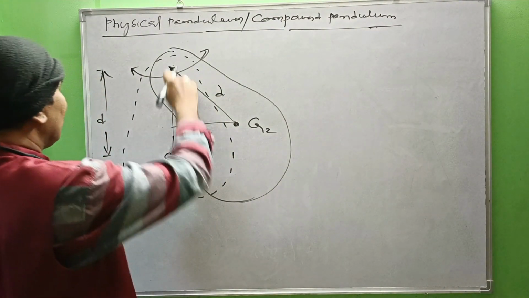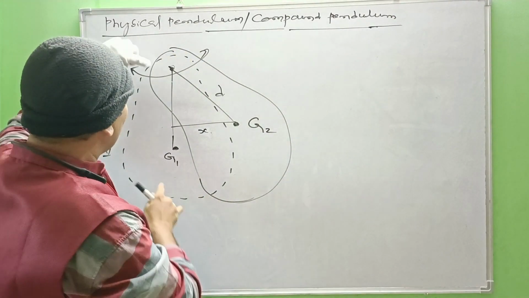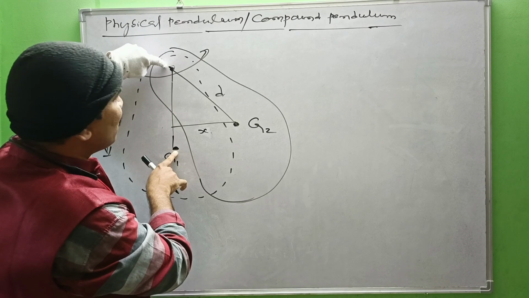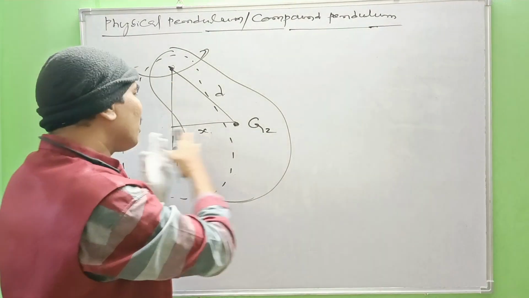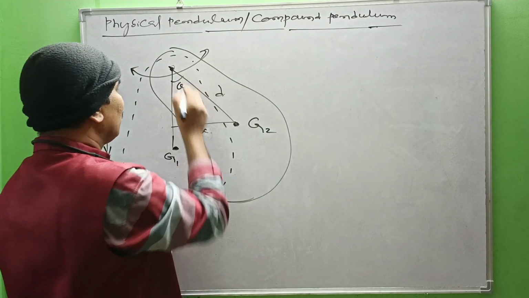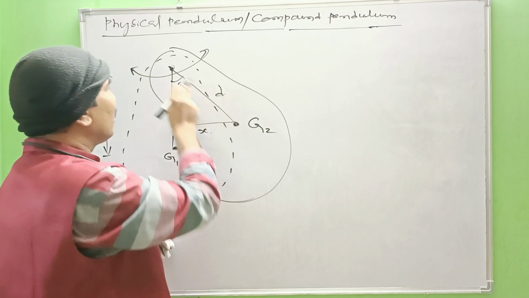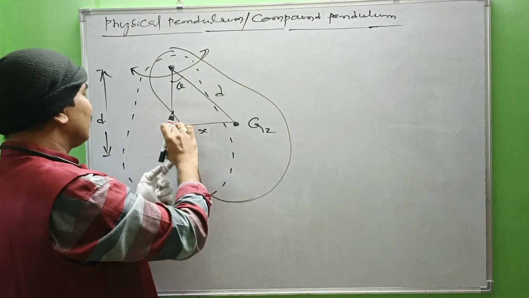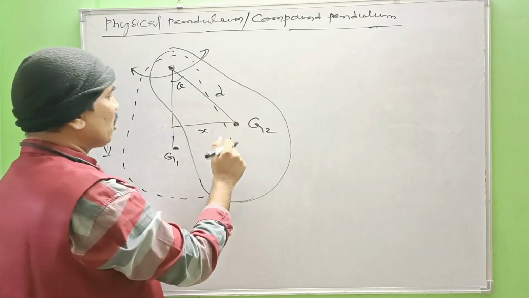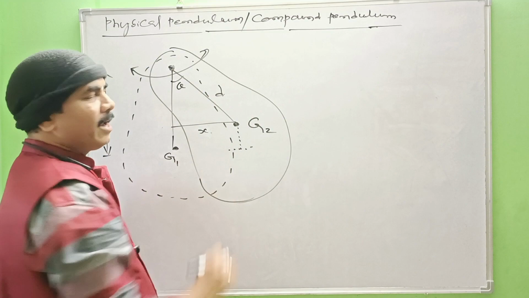D means the distance of center of gravity from the hinged point. When the body is turned through some angle theta, again the distance of center of gravity from the hinged point is D only. From here to there is D, but this is the height through which the center of gravity rises, right?